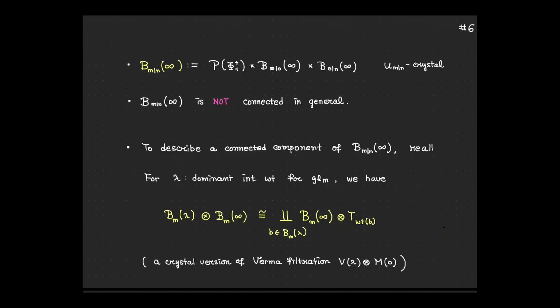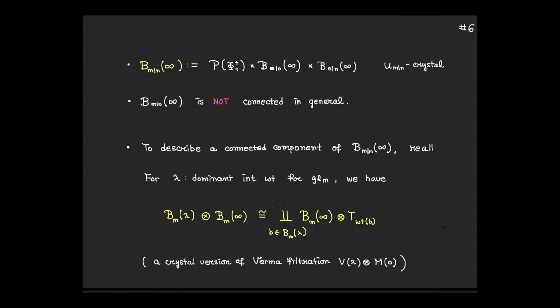That's actually about the crystal structure when we consider the tensor product of a finite dimensional representation and the crystal of the negative part. So here is a fact I need to describe the connected components of our limit crystal.